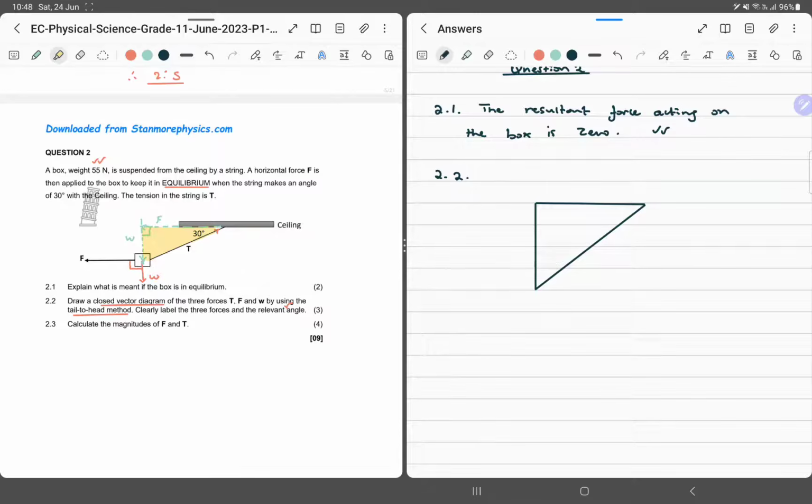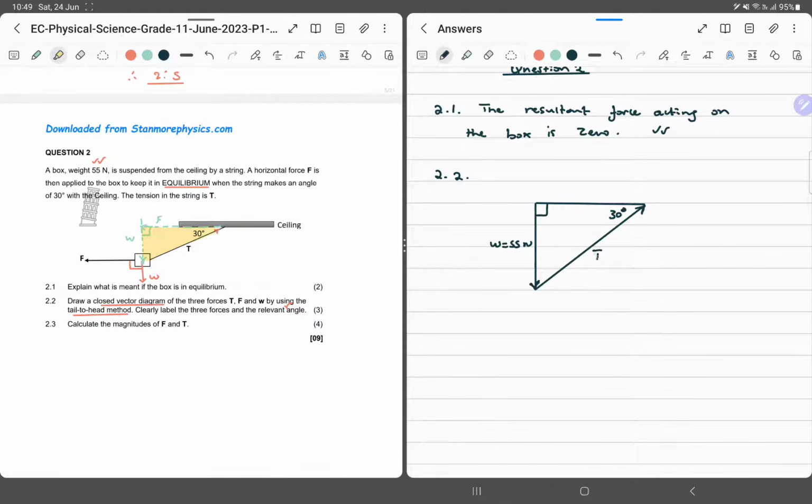Nice and easy. So we know that the weight is directed down. So this is our weight, which is 55 newtons. They gave it to us, we can write it down. And then we know that we've got our angle here of 90 degrees, but we really need to show it. And then we know that the angle between the tension and the horizontal was 30 degrees, and the tension is going in that direction.